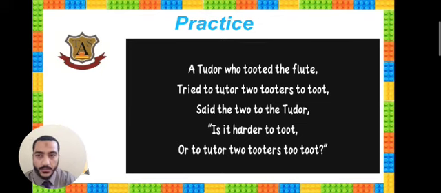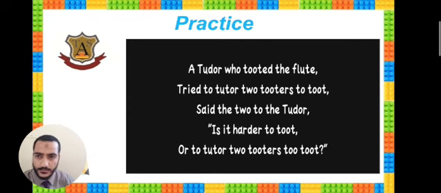Write on Google tongue twisters and write short U, for example. You will find so many sentences that are difficult in pronunciation, so practice them. And I challenge you to say these sentences fast and without any mistake in pronunciation.